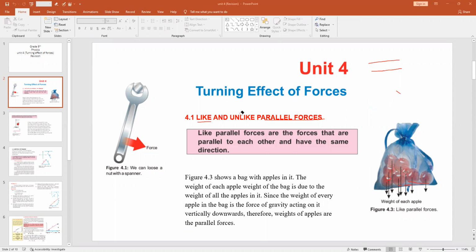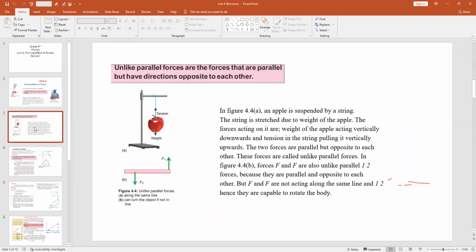Then the next one is unlike parallel forces. By the name you can see that unlike means, sorry, they are parallel to each other but their direction is not the same, right? In this case also the condition is that they are parallel to each other but their direction must be opposite.